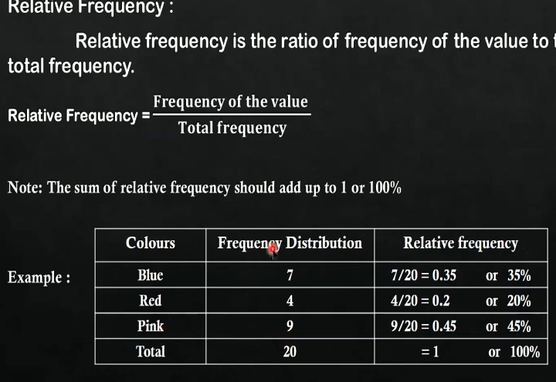That is what frequency means. Next, we first add all the frequency distribution values. The total is 20.